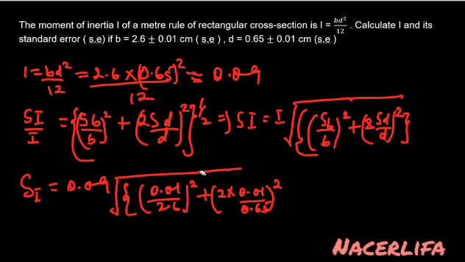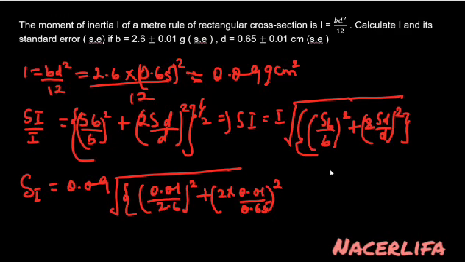Going further to solve this, we can represent the unit as gram cm squared, because the unit of moment of inertia is kilogram meter squared. So let us have this unit as gram and this unit as cm. Cm times cm will give us cm squared.